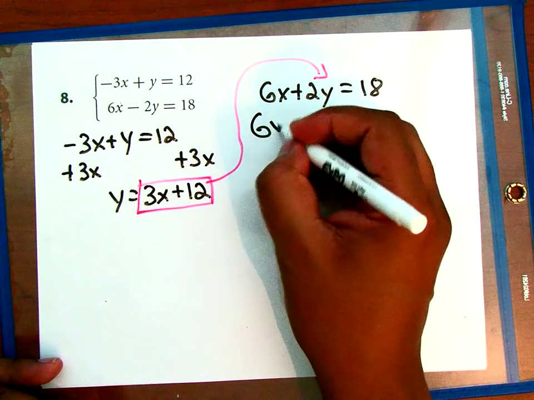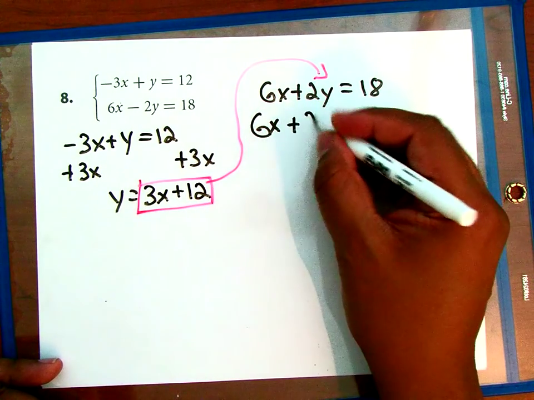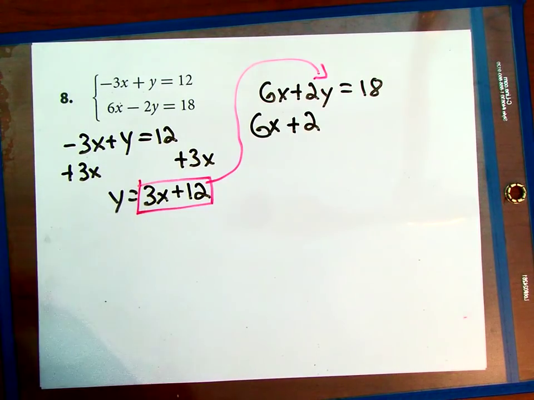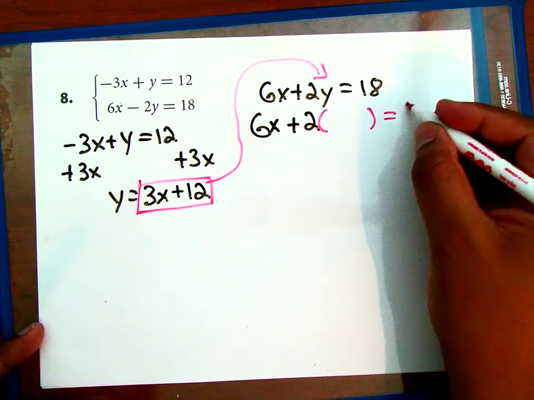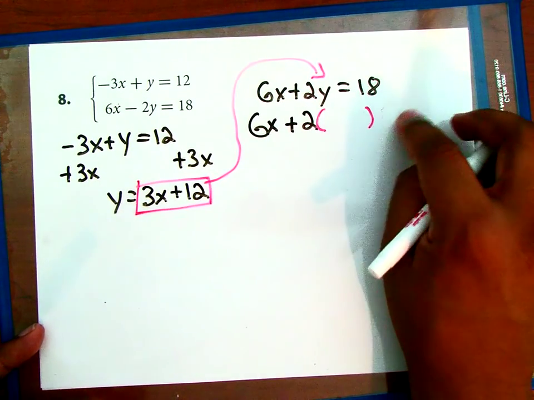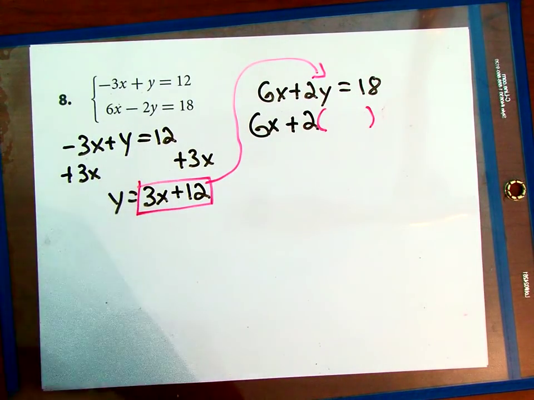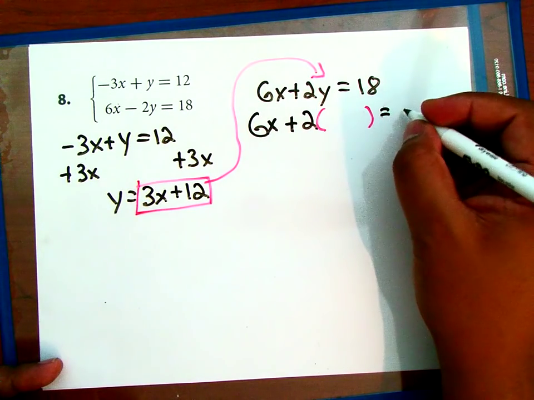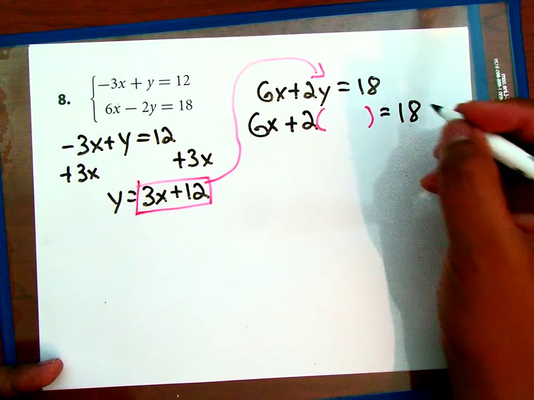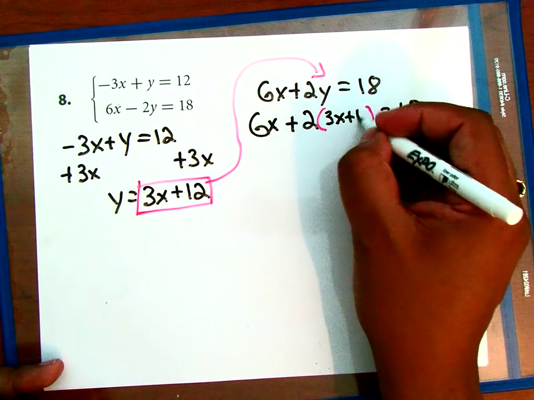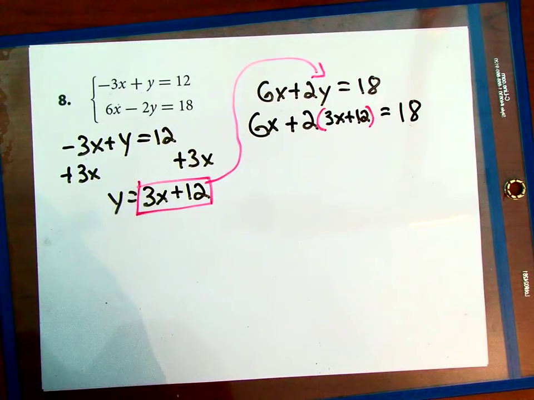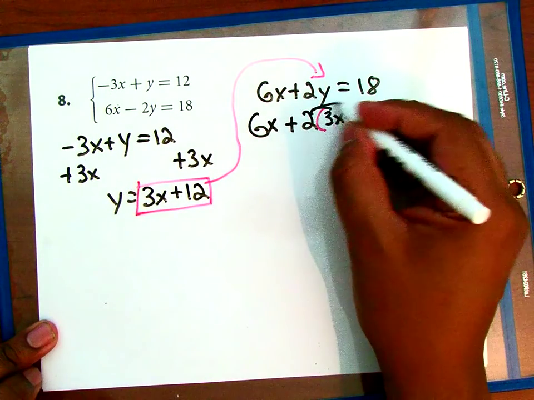So now you've got 6x plus 2y equal to 18. I'm going to take this 3x plus 12 and plug it there. Now I'm going to go ahead and distribute here.